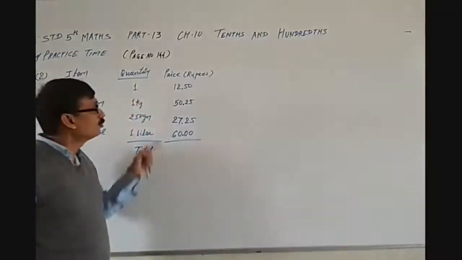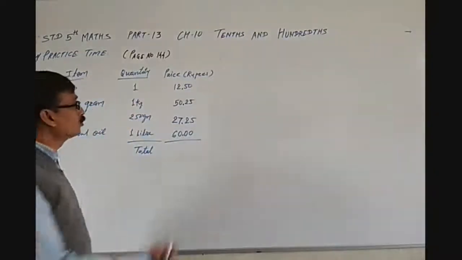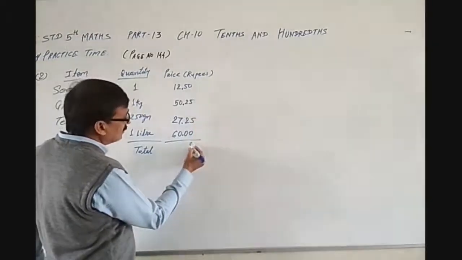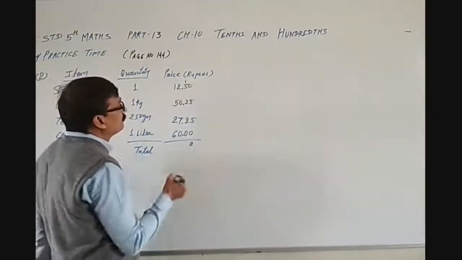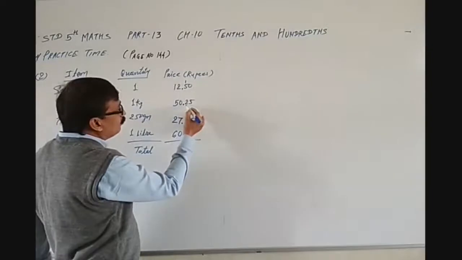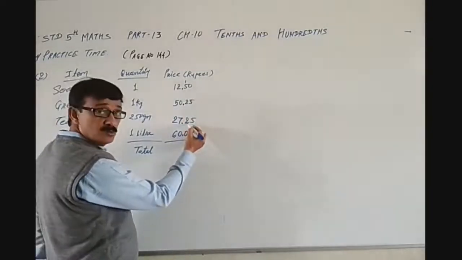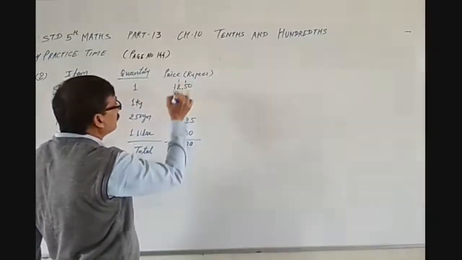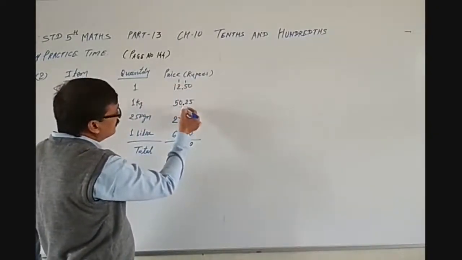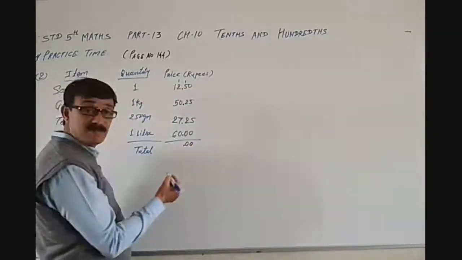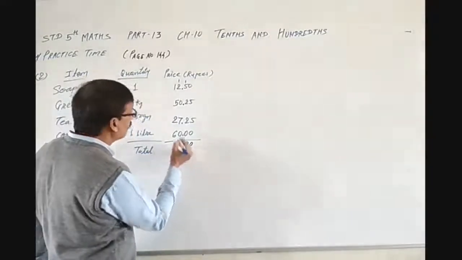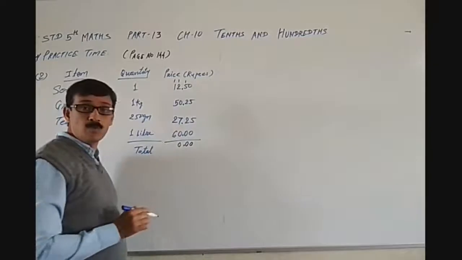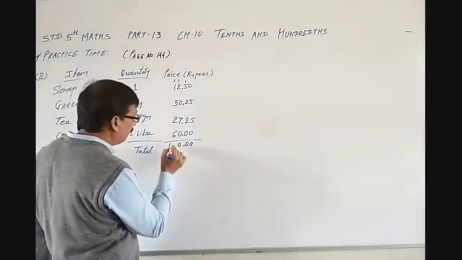Now we have to total this. 0 plus 5 plus 5 is 10, so 0 and carry 1. 6 plus 2 plus 1 plus 1 is 10, so 0 and carry 1. 3 plus 0 plus 7 is 10, once again 0 and carry 1. 2 plus 5 is 7, plus 2 is 9, plus 6 is 15.